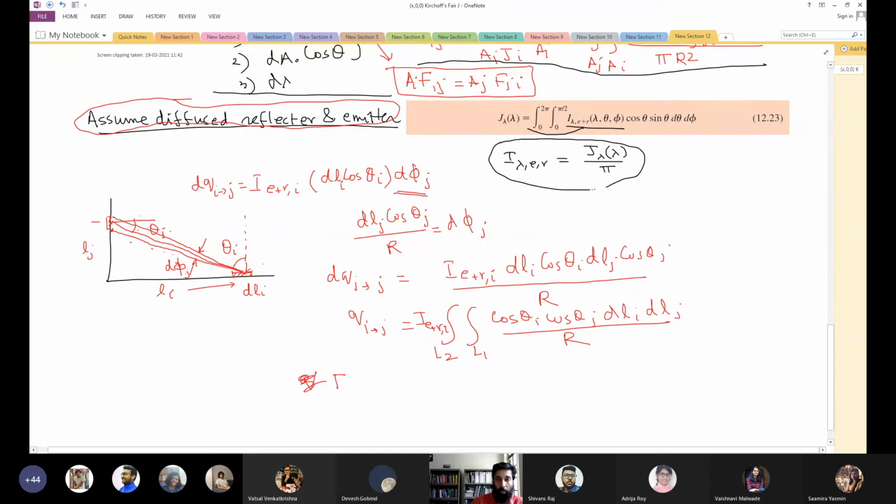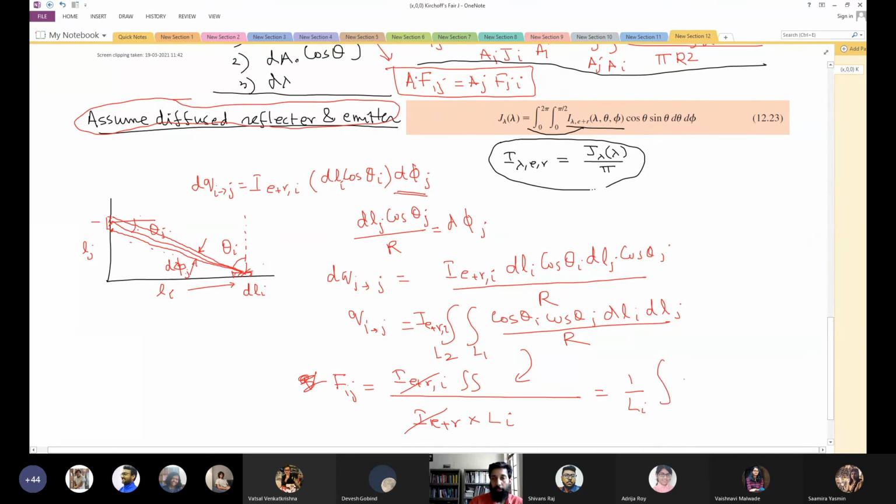So Fij equals IE plus R times this integral thing. So again this cancels, so 1 by Li.